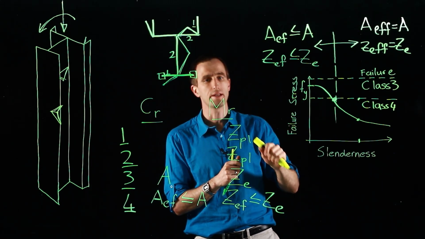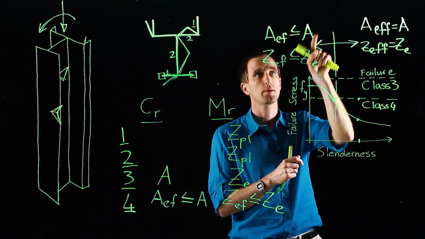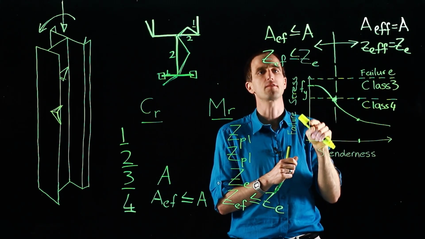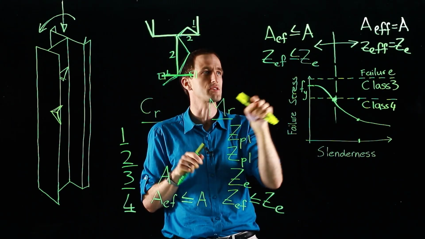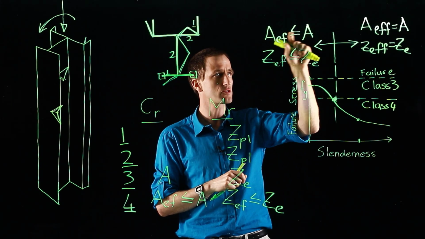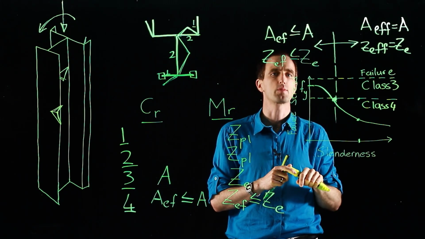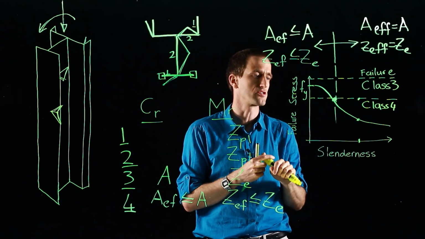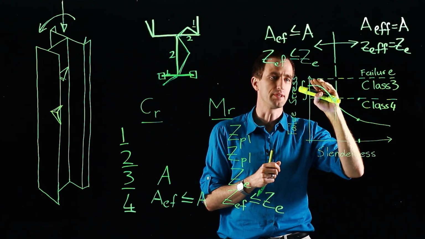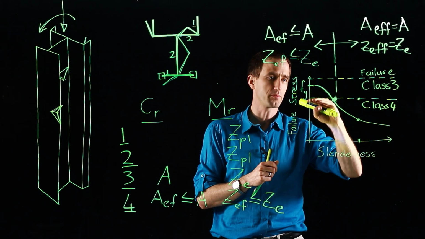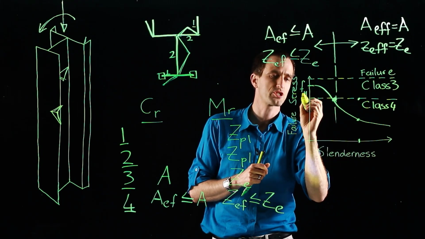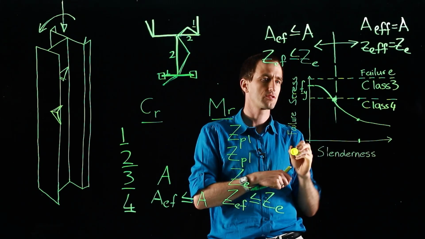But there is another way to do this, because this can become quite a painful process, as you've got to subtract little pieces. For a section in compression, it's not so bad because you just reduce a bit of flange. One in bending becomes progressively worse and worse with the calculations. So another way to do this is to think about, why don't you just drop this curve? Why don't we just change our yield stress to a lower one?